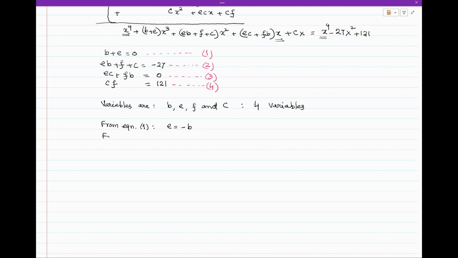From equation 2, we get eb plus f plus c is equal to minus 27, or since e is equal to minus b, we can write this as minus b square plus f plus c is equal to minus 27. Let us call this equation 5.